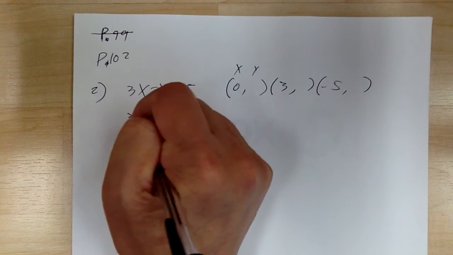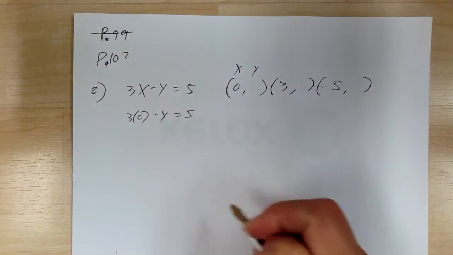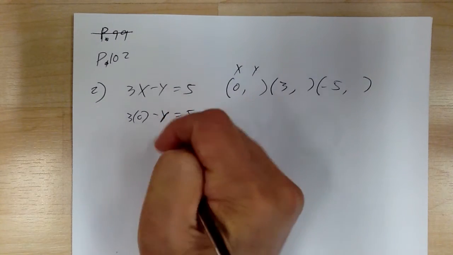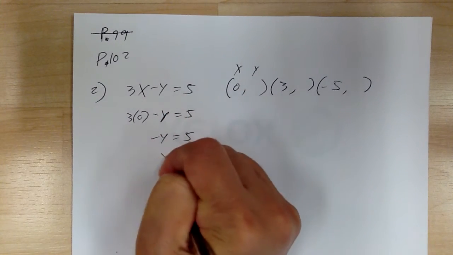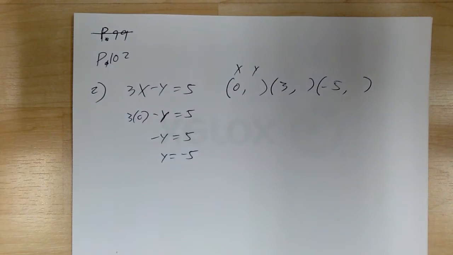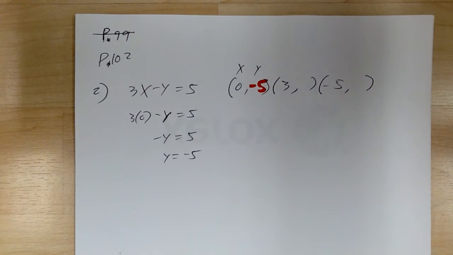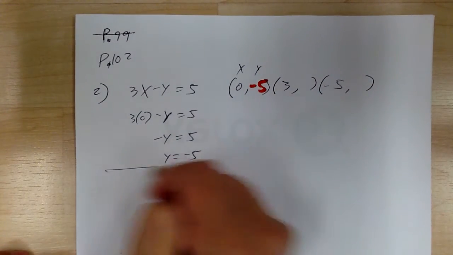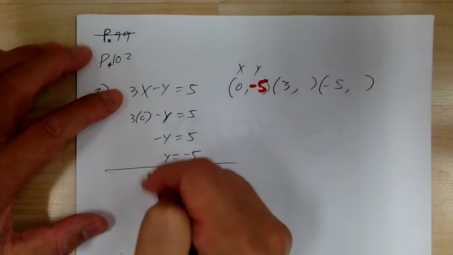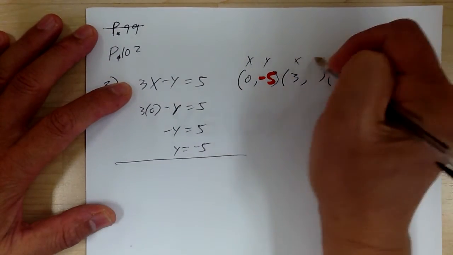So you got 3 times 0 minus y equal to 5, and so you got -y equal to 5. So y equal to -5. So over here, your answer would be -5. Now to do this one, you just do the same thing. This is your x, this is y.